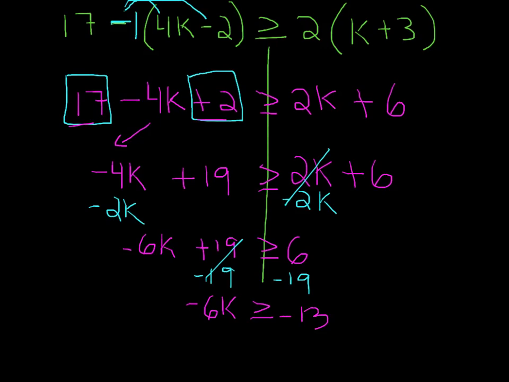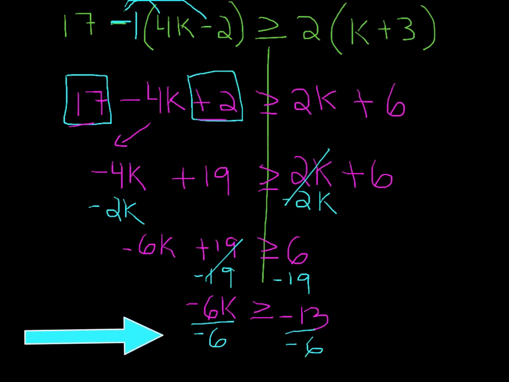And then last step, divide both sides by negative 6. Divided by a negative once again. So I'm left with k is now less than or equal to, here we have a negative divided by a negative is a positive, and a positive 13/6, which we could also rewrite as k is less than or equal to 2 1/6.